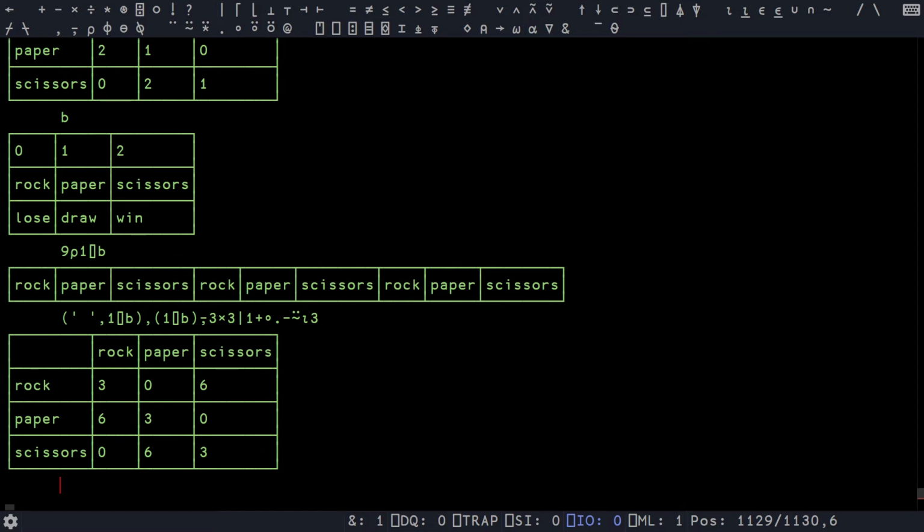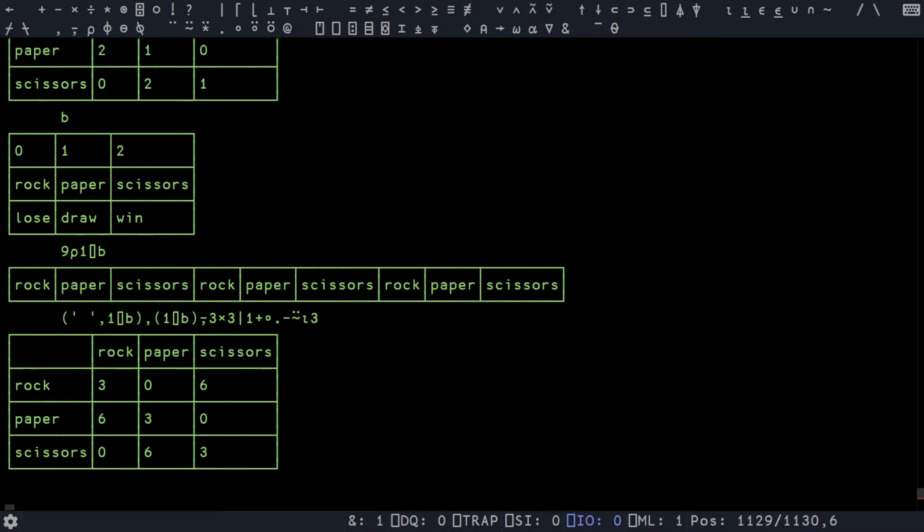Okay, so basically we look at the difference between our moves and their moves. We add 1 to shift the range over, and then we do mod 3 to bring everything into the proper 0, 1, 2 range. And then we can multiply by 3 to get the proper scoring.